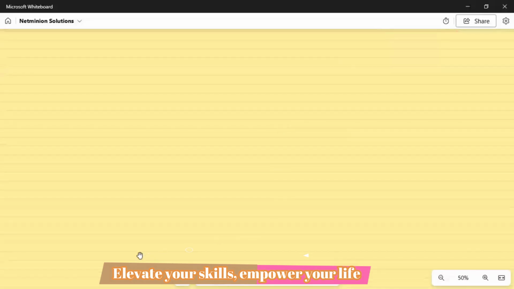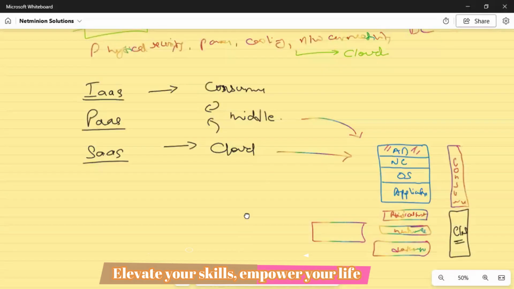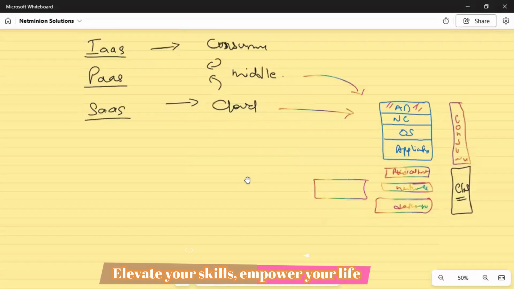Before that, the one that you mentioned, IaaS, PaaS, and SaaS, these are something like deployment methods which the consumer needs to decide. So you can say these are the shared responsibility models.